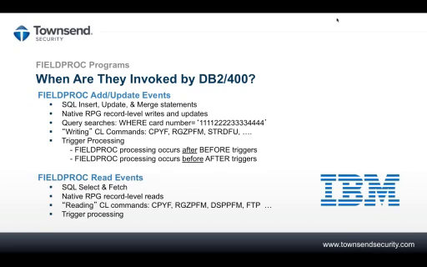So in typical insert or update operations, add or update operations, the FIELDPROC will get a call on a row-by-row, column-by-column basis. So if you're using SQL and you do an insert or update or merge, anything that causes a record to be either updated or inserted into the table, FIELDPROC will get called.